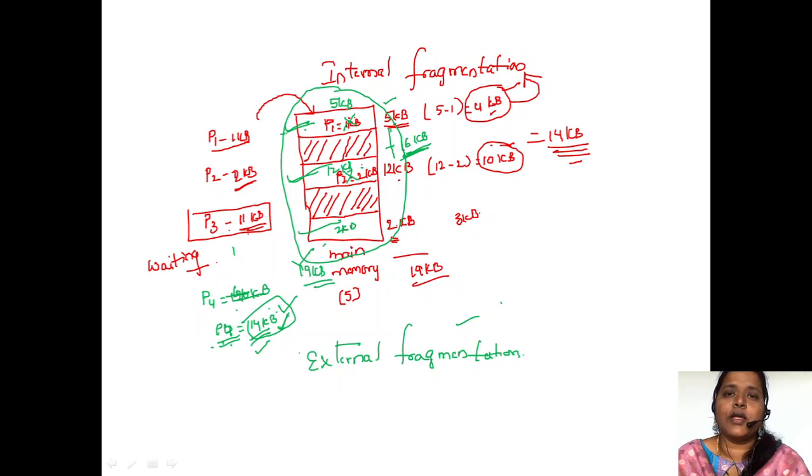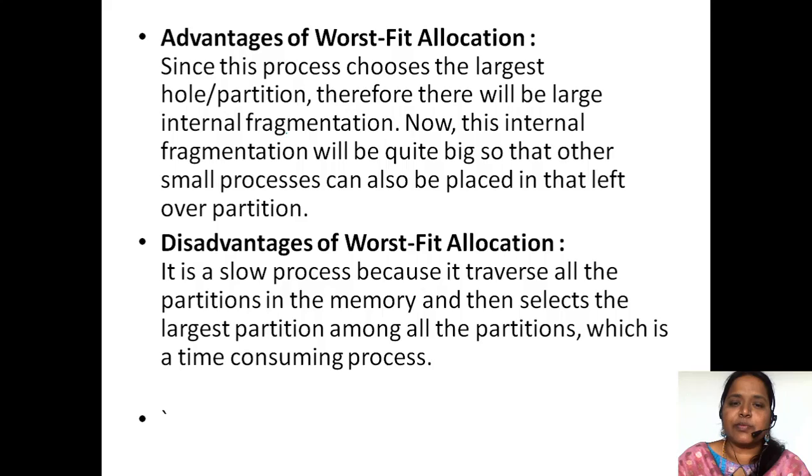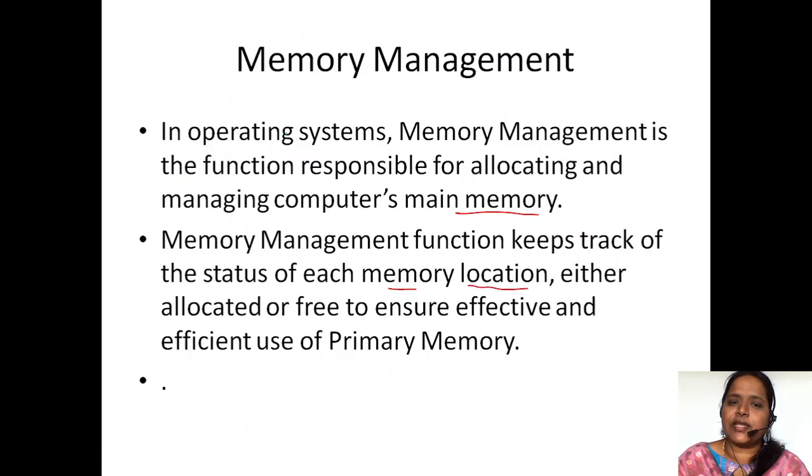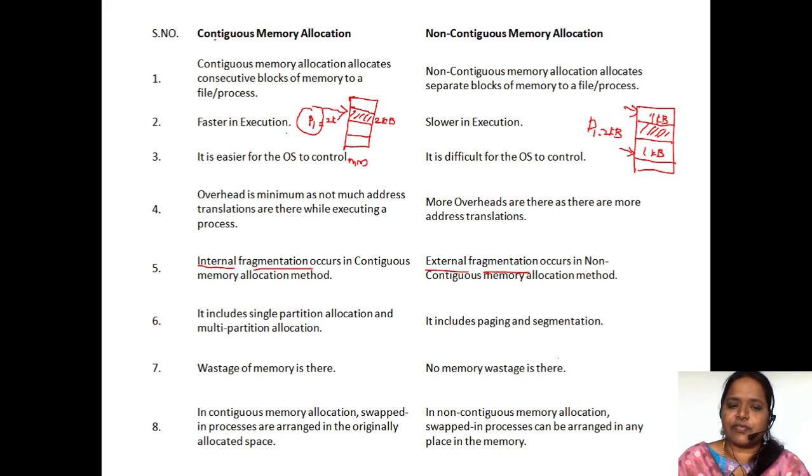I think you have understood what internal fragmentation and external fragmentation are. That is the difference between them. Next, it includes single partition allocation and multi-partition allocation. We can partition in a single partition as well as in multi-partition.